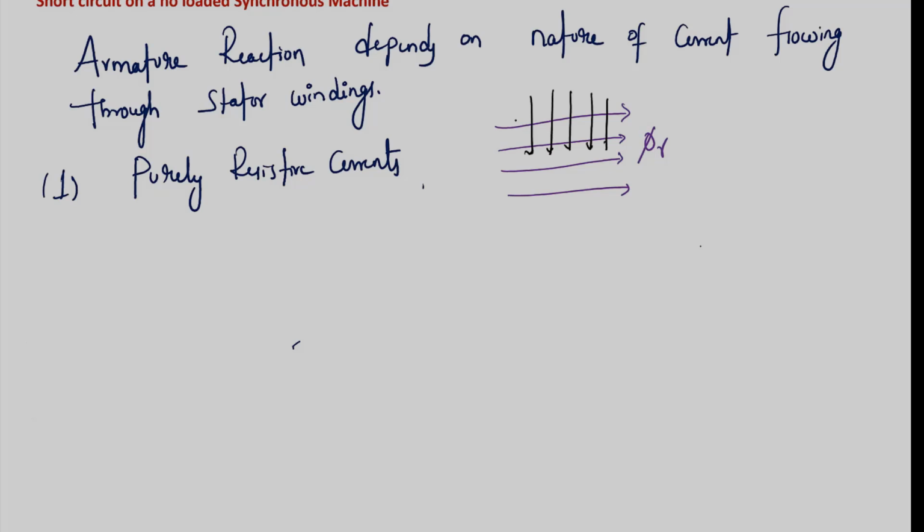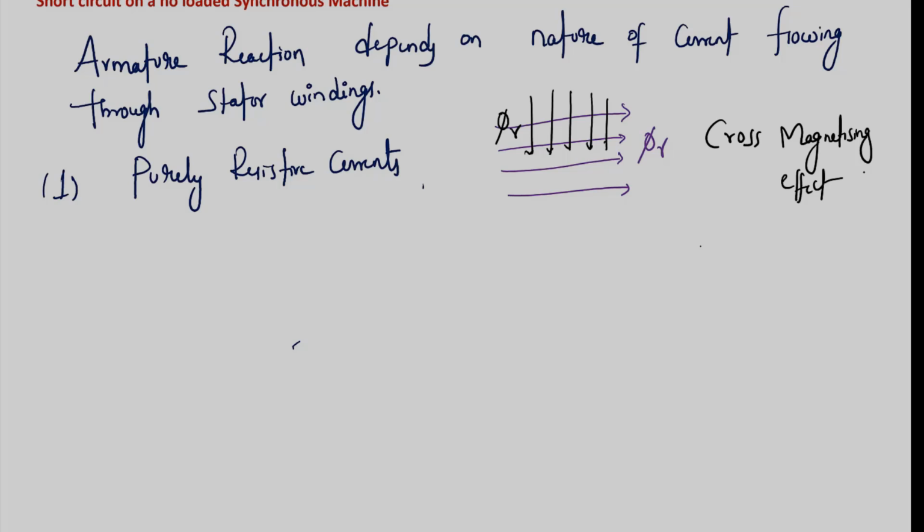This is how the rotor flux will be. So this will eventually lead to a cross magnetizing effect. This cross magnetizing effect will change the shape of the induced voltage. For that they use COM poles or other additional things that your machines sir will teach.